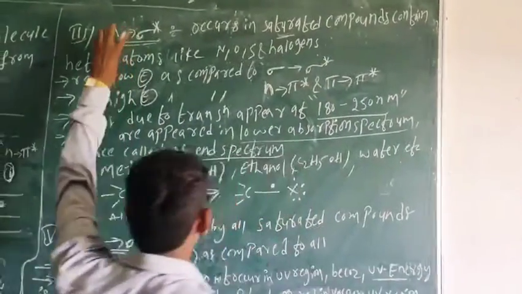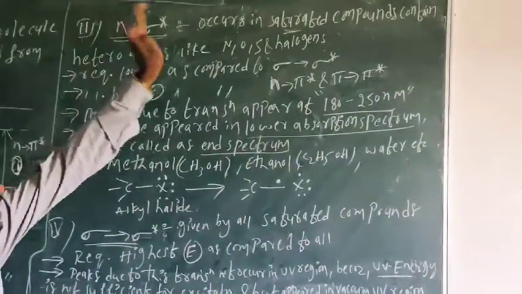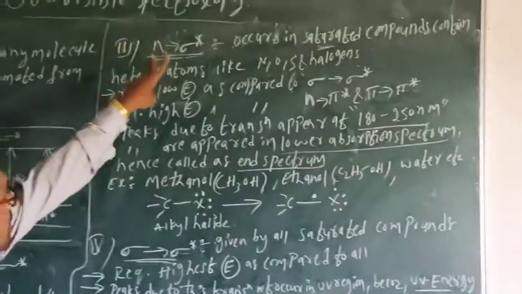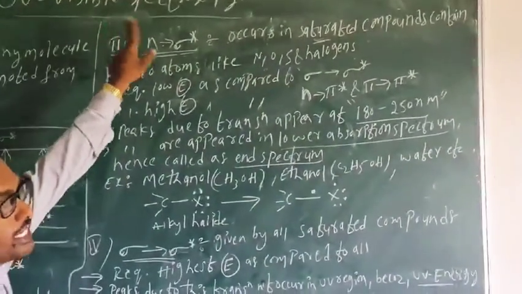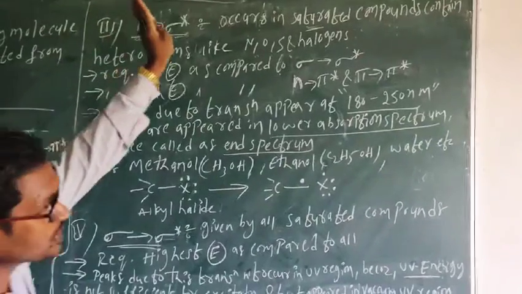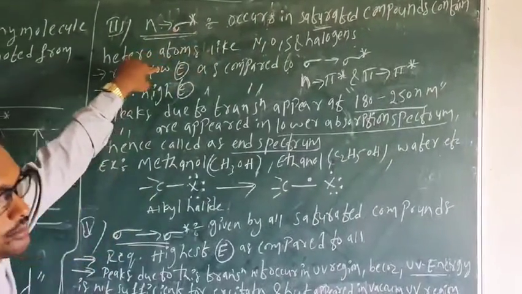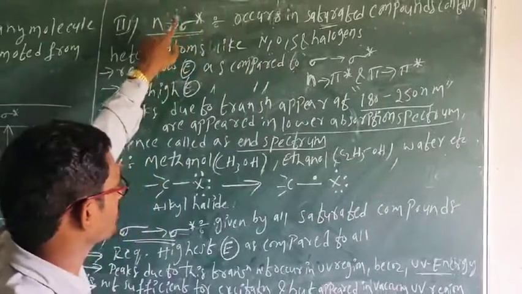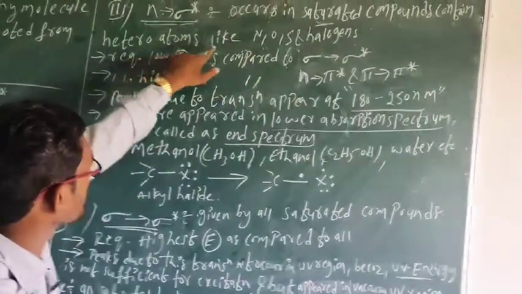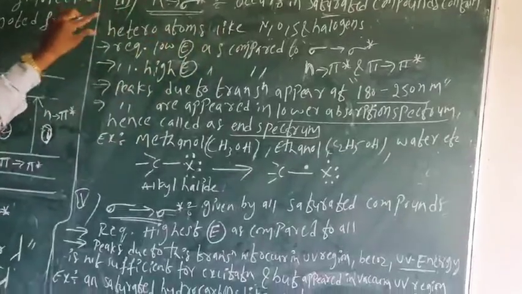You have to remember that this transition occurs in saturated compounds containing heteroatoms, whereas n to π* occurs in unsaturated compounds containing heteroatoms.